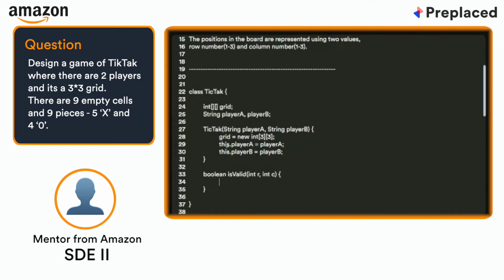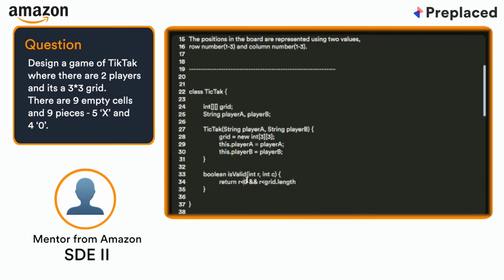Okay, so here we will just say isValid. Return R should be greater than or equal to 0, and R should be less than grid.length. Let's just say what will be the invalid case, and I'll be just returning all of that.